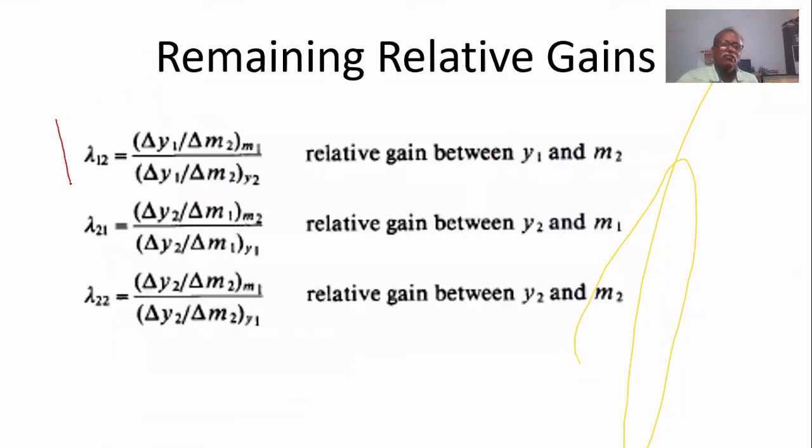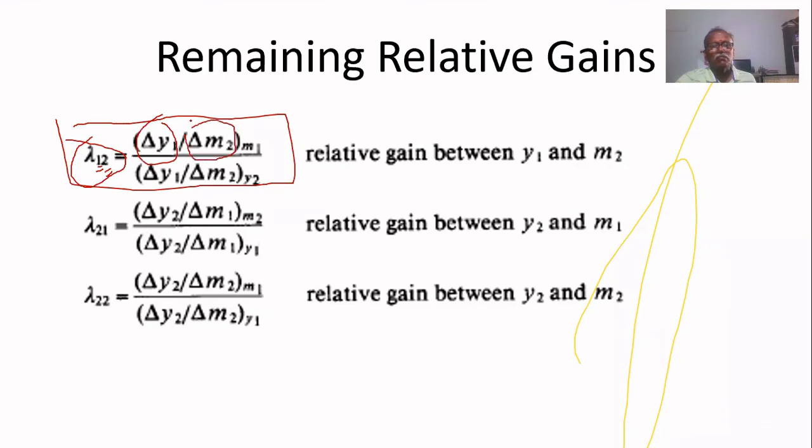The same way we can find other elements of the relative gain array, lambda 1 2. The first subscript represents the output, the second subscript represents the manipulated variable. Delta y1 by delta m2, keeping m1 constant. We are finding the relation between y1 and m2.